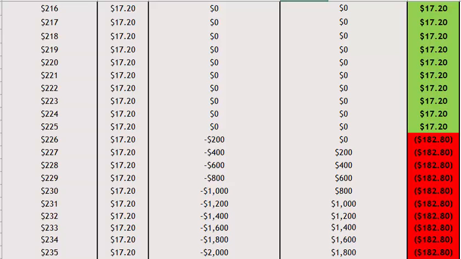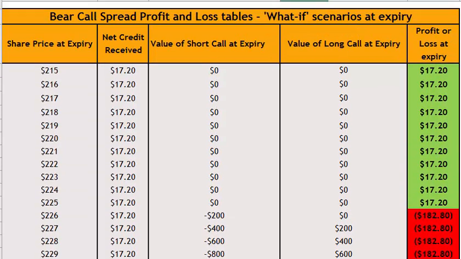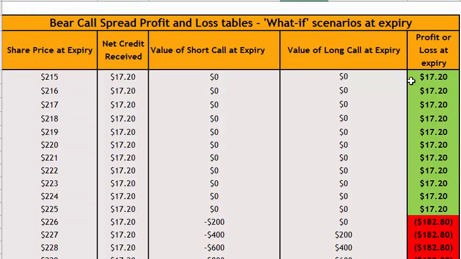But we also bought the $226 call. Again, you can see that there's no value in those right up to 226. But after that, there's positive value for us because this is a call option that we own. Therefore, the value is a positive for us. When we move over to the right hand side there, you're going to see all this is our profit and loss for the entire trade.